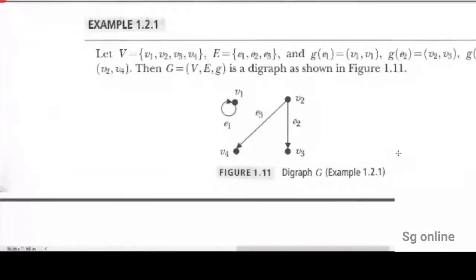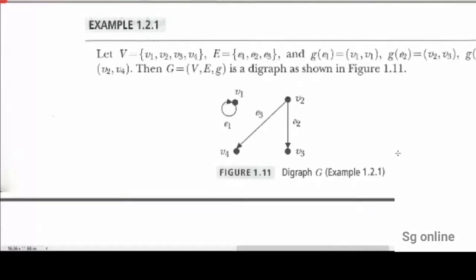So in this way, you can see that any arc has a tail and a head. The tail is the starting point of the arc and the head is the finishing point of the arc. The tail contributes one to the out degree, and the head contributes one to the in degree. So whether it is a loop or not, each arc contributes one to the in degree and one to the out degree in the sums of in degrees and out degrees respectively of the vertices.